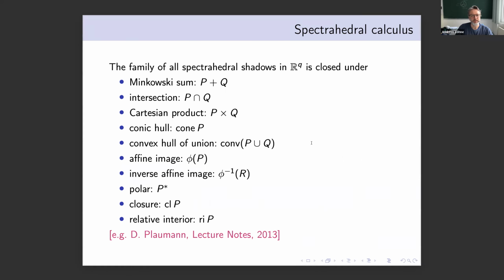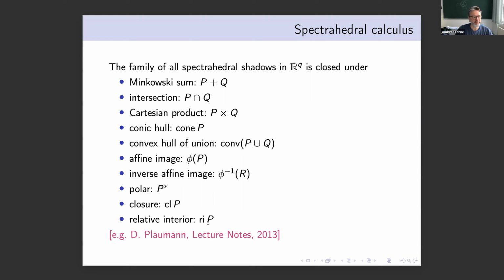And now we find a result in the literature that the family of spectrahedral shadows has nice properties when we think about calculus rules. It is closed under several operations. Here is a partial list of these operations. So the Minkowski sum of two spectrahedral shadows is again a spectrahedral shadow. Intersection, Cartesian product, conic hull, convex hull of union, affine image, the inverse affine image, the polar, the closure, and also the relative interior.